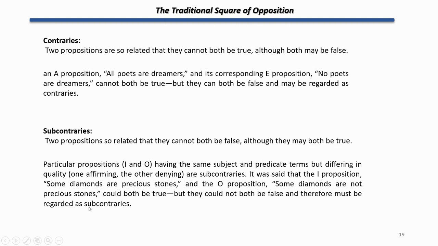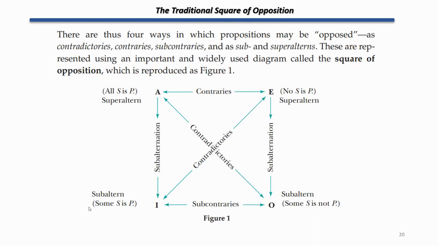Okay, so these are just the textbook definitions that you need to know. Then, this is the traditional square of opposition. If you look at this rectangular thing, we are calling this the traditional square of opposition.